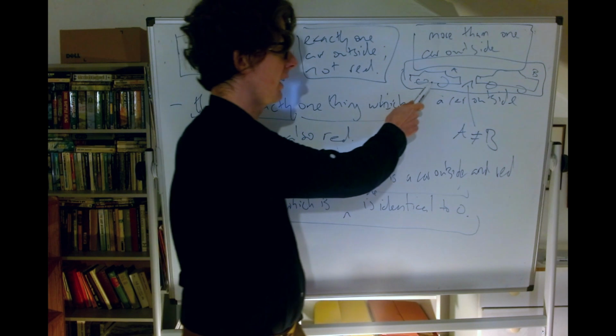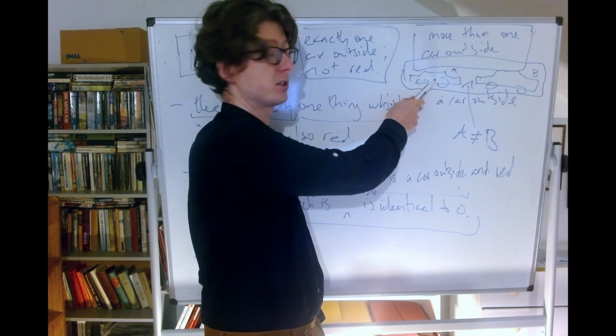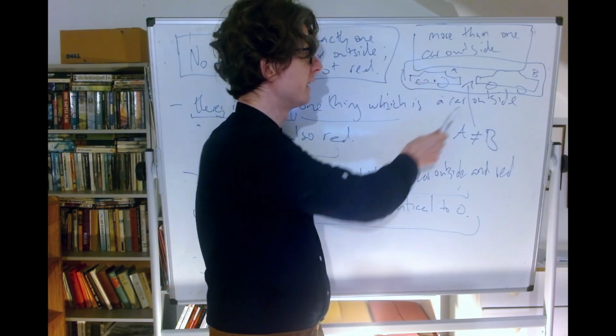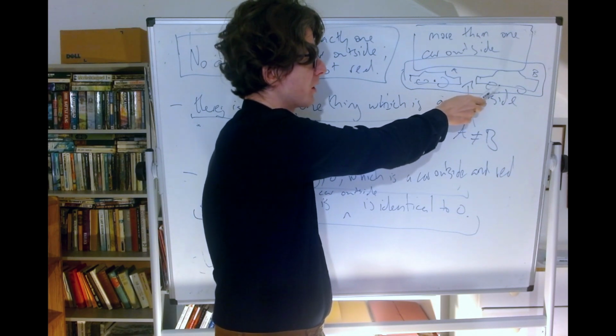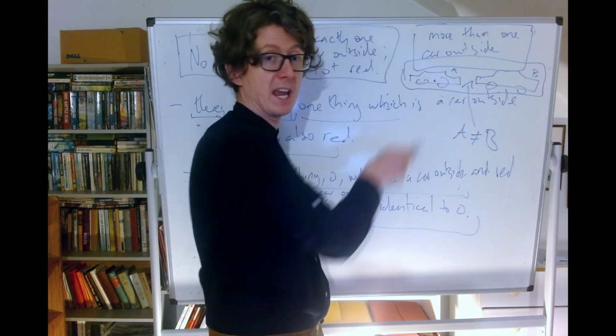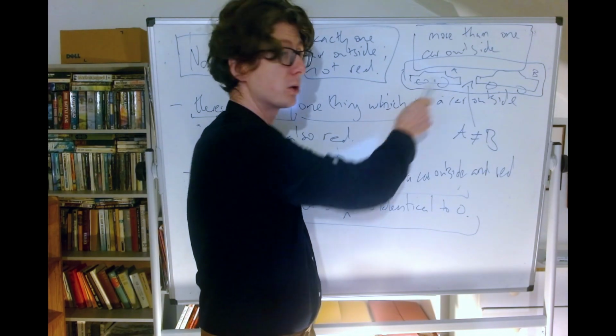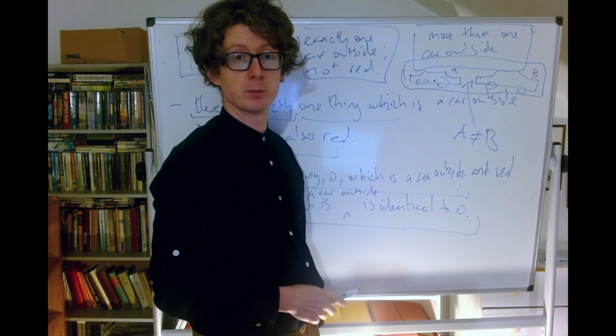It's not true that anything else which is a car outside is identical to A, because there's B. And it's not true of B that anything else which is a car outside is identical to B, because there's A. If there are two cars, they just must not be identical to each other.